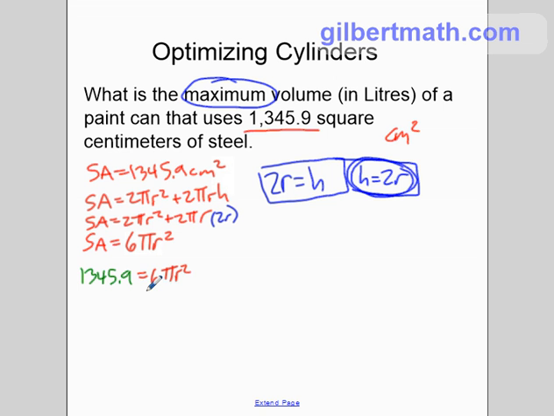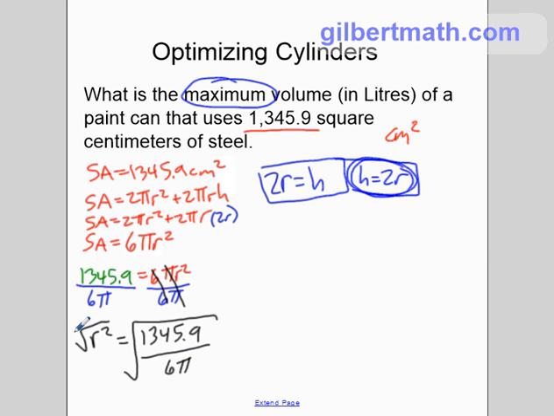So I divide by 6, I divide by pi. On the other side, I do the exact same thing. And once I do that, the 6's cancel out, the pi's cancel out, and r squared is equal to 1,345.9 over 6 pi. I square root both sides, and if I want, I can write a little 2 in there.